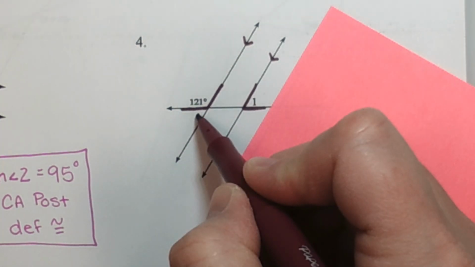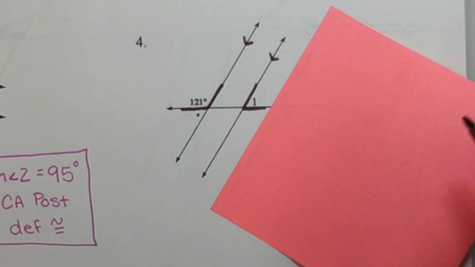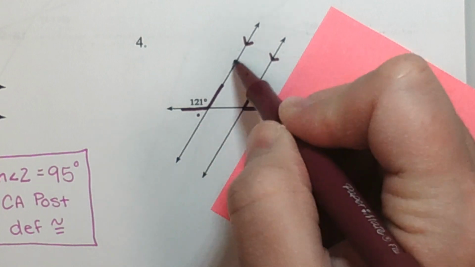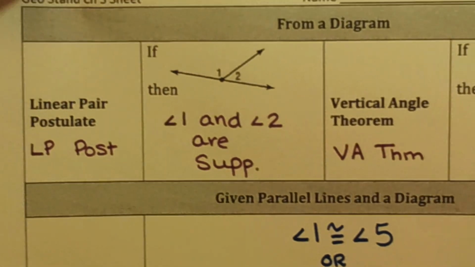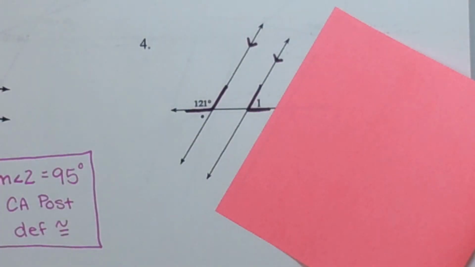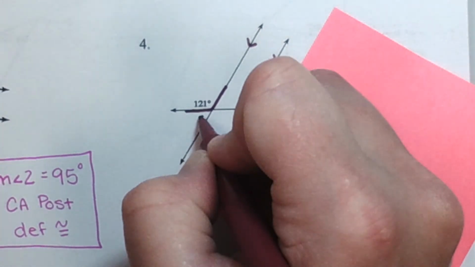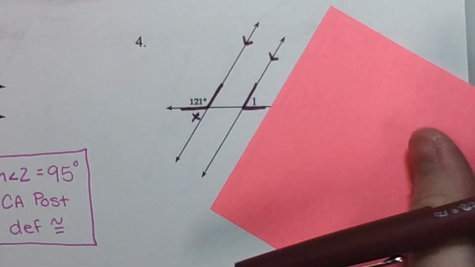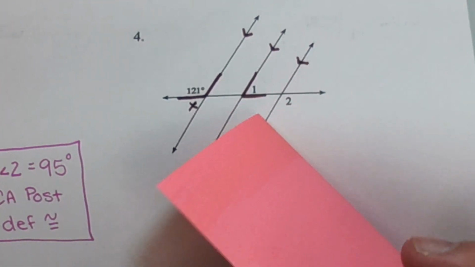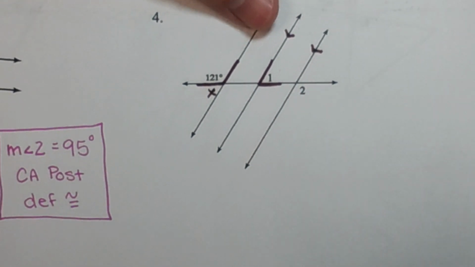How do we find this angle here? Well, this angle and this angle share a vertex, and they create this straight line together. That is a linear pair. And according to the linear pair postulate, that means they are supplementary. So I'm going to just call this x. And I know that those two are going to add up to 180. I'm going to get rid of my sticky note for now.